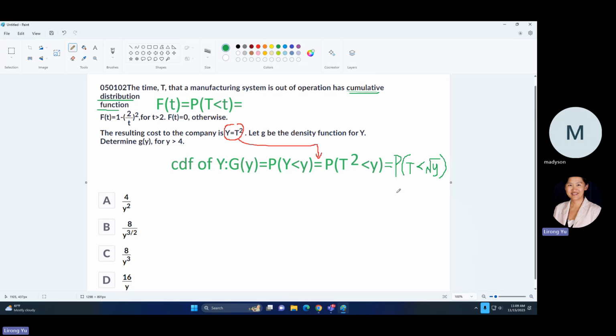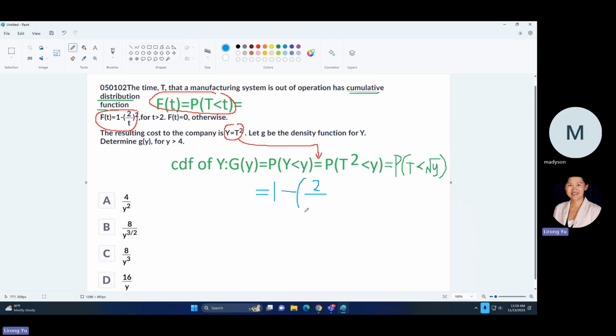And the question is to find the density for Y. Now we still don't have it yet, but we do have a formula for how to calculate T less than any number. So this calculation is equal to 1 minus, following that formula, 2 over whatever is in the distribution function.